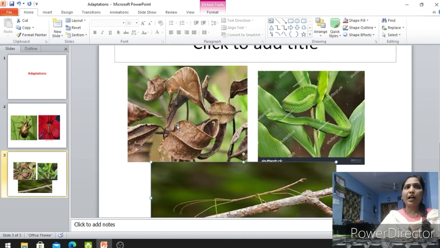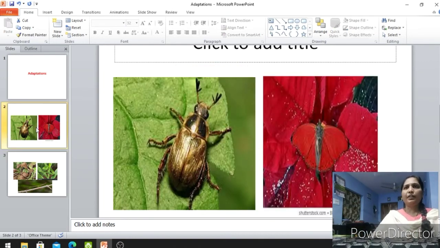So the animals or organisms which show camouflage or a tough coat like a beetle, these are all different adaptations the living organisms are showing in our surroundings. So in the coming class we'll discuss desert, mountains and terrestrial habitats, and the organisms which live in terrestrial areas and their adaptations in detail.